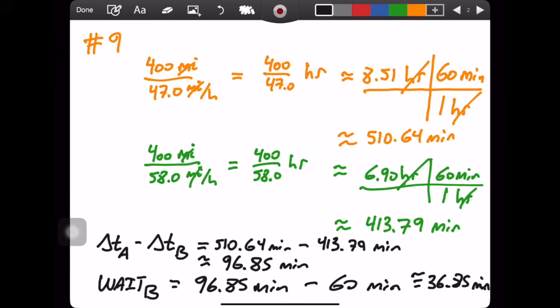I showed you how you could take that trip time, which was in units of hours, and convert it into minutes. And then I showed you how you could find the difference to figure out what's the total difference in trip time, but then we had to recalibrate for the fact that Alan got a 60-minute head start. And so that is how you work through problem 9.